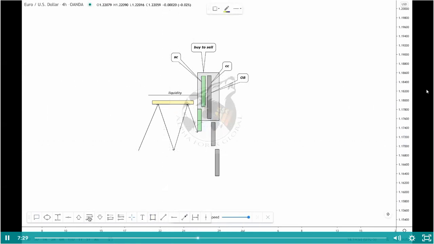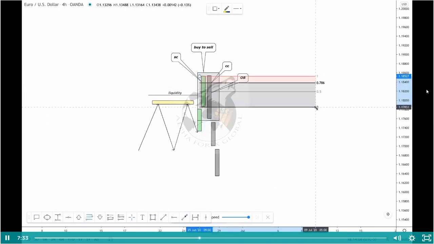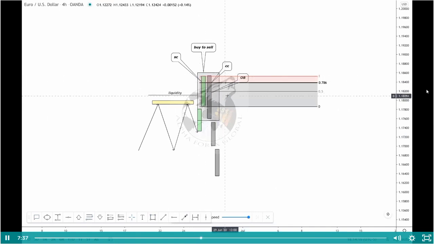Now, how we'd enter based off these order blocks as our point of interest is that we highlight the sponsor candle, right? So when the market comes back, it can actually mitigate the sponsor candle.